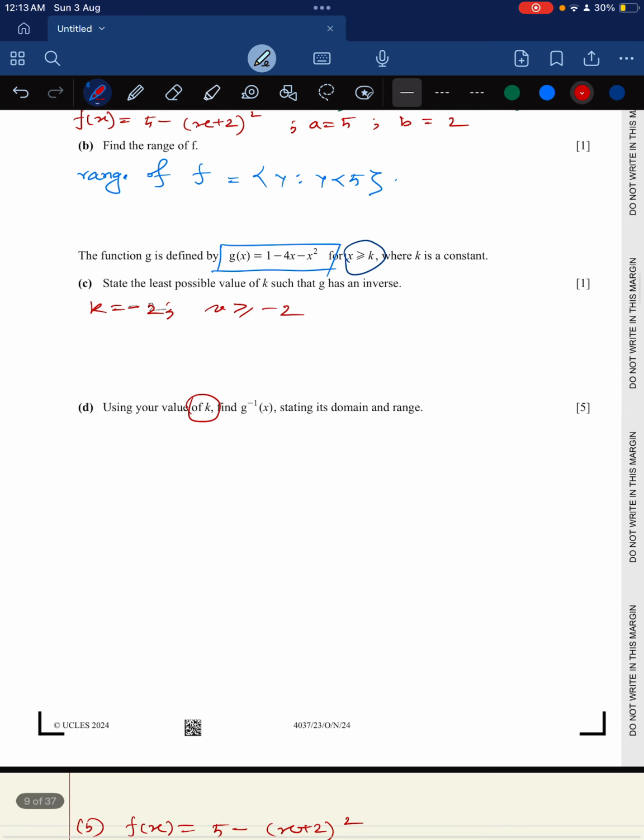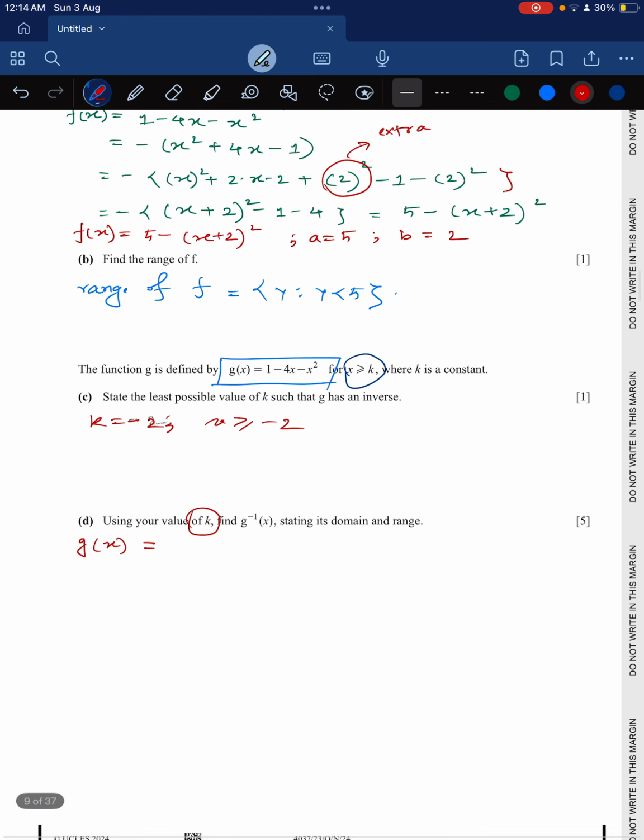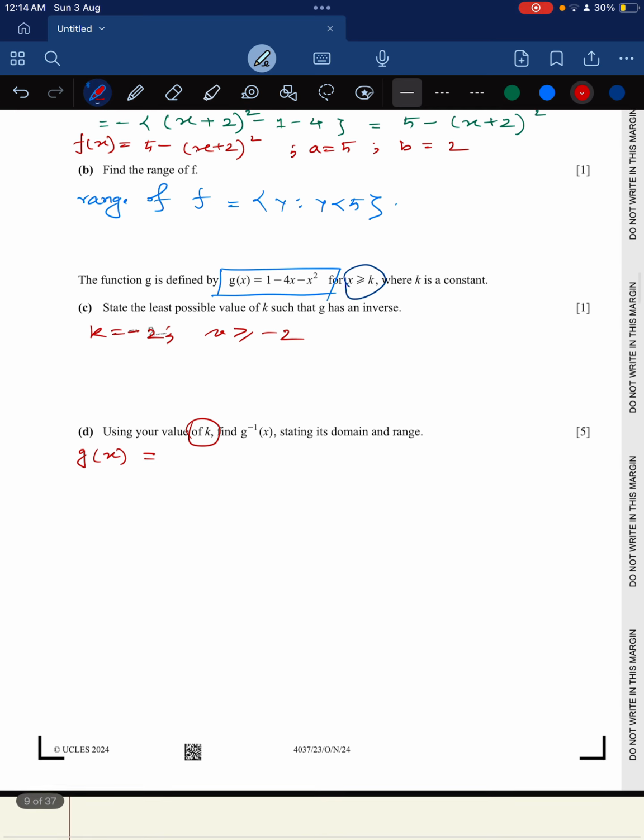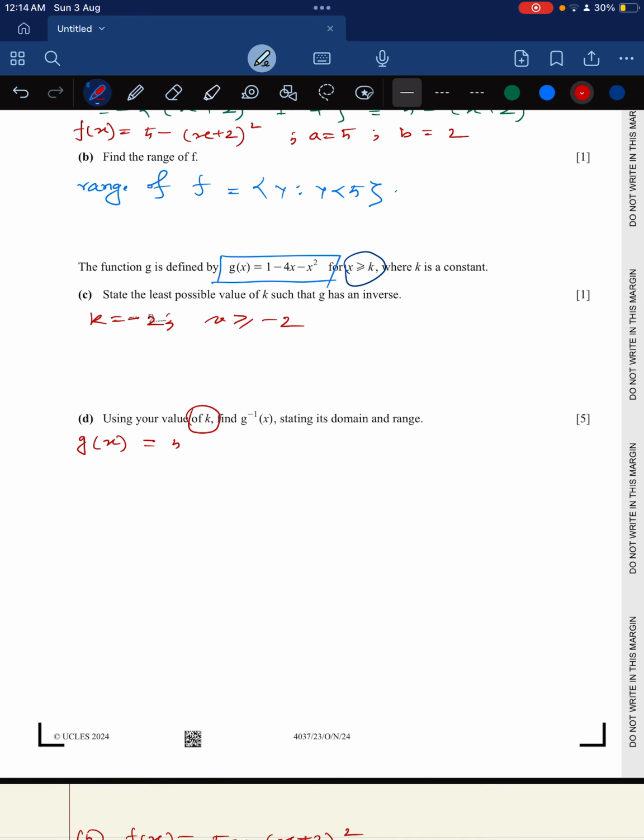We have to find the g inverse of x. Given that g of x is of the form 5 minus (x plus 2) squared, it can be written as y equals 5 minus (x plus 2) squared.